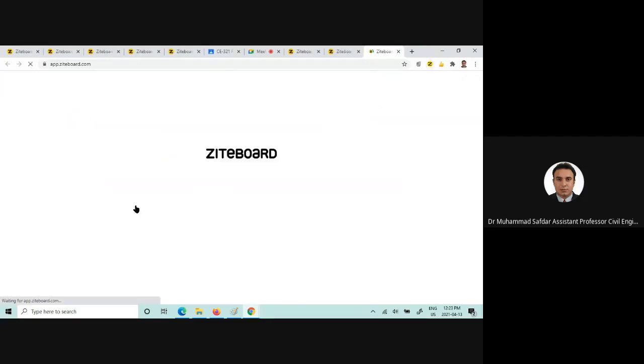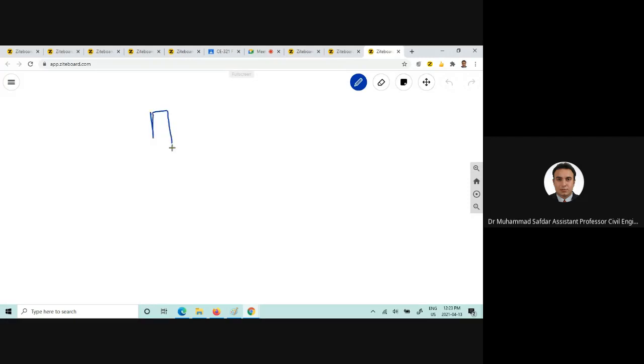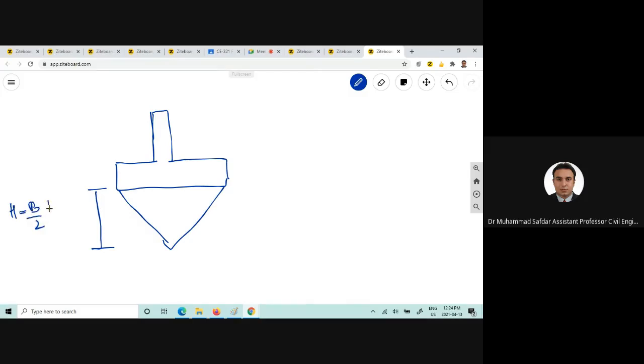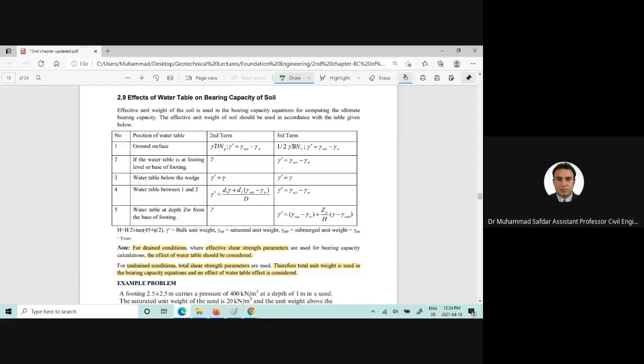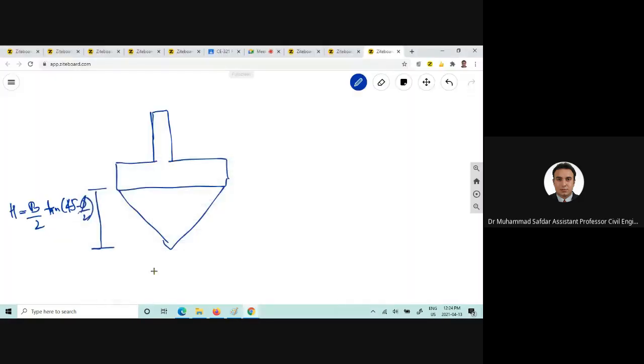let's go for another one here. For example, if we are having a foundation, and we know that there will be an elastic wedge, and that height of the wedge can be found out using B by 2. You need to modify that equation, tangent 45 minus phi by 2. Let me confirm that as well. It's the plus, it's not the minus.